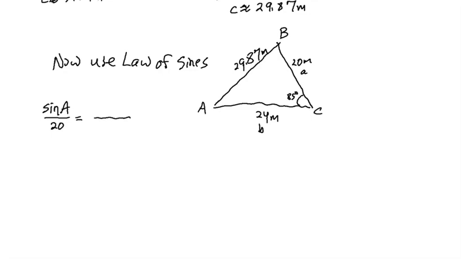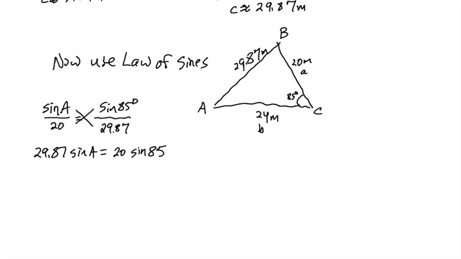And so I'm going to use the C, which I now know sine of 85 degrees, divided by 29.87. Notice, by the way, these fractions can also be upside down, both of them, for this to work. We do a crazy cross multiplication here. So I'm going to get 29.87 sine A equals 20 sine 85.